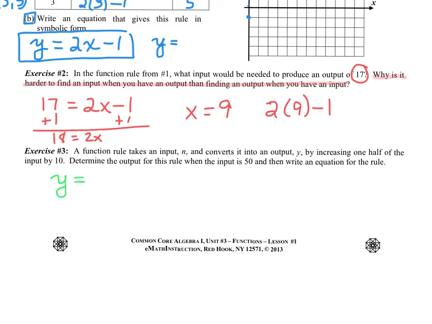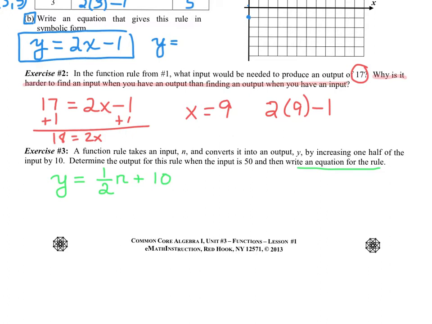Now in this case, the variable's not x, it's n. So it's going to take that n and increase 1/2 of the input by 10. Well, 1/2 of that input would be 1/2 times n, and I'm going to increase it by adding 10. So there's my rule. I've written the equation for the rule.